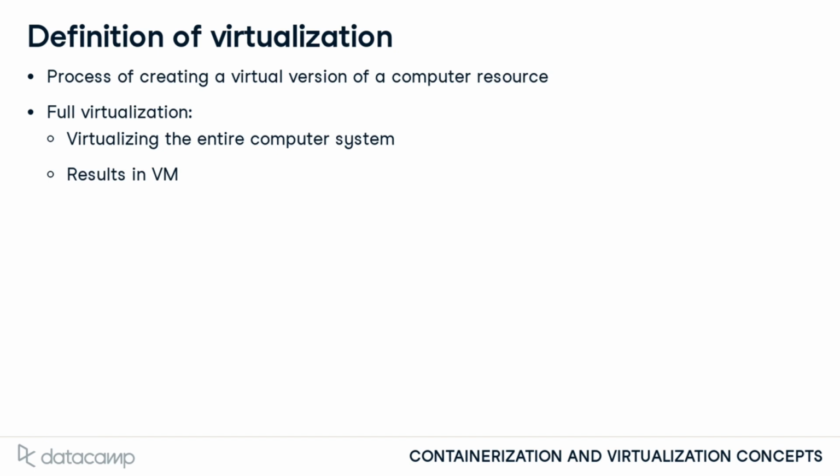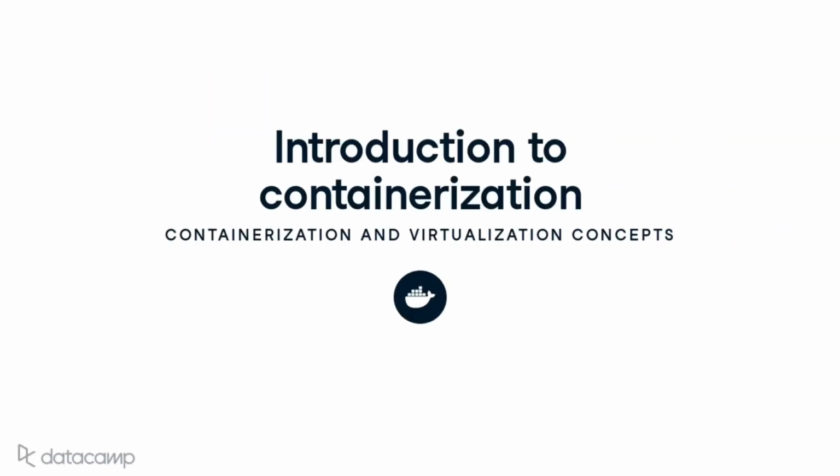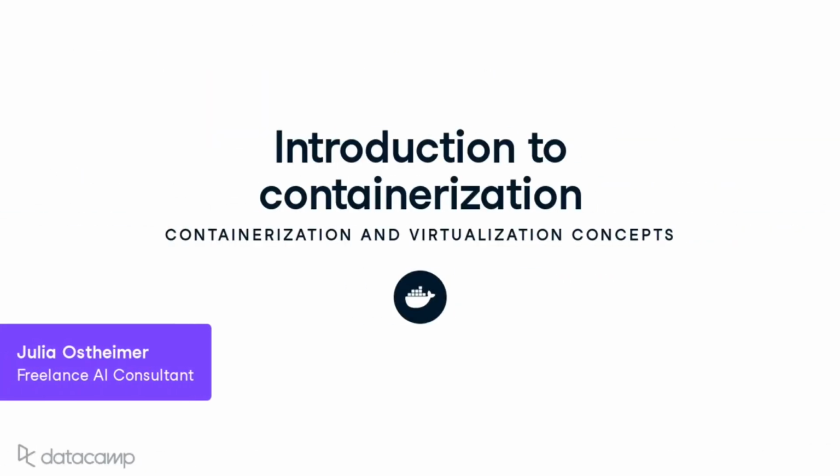Other levels of virtualization include virtualizing a specific computer component, such as the operating system or storage, which does not result in a virtual machine. Next, we will explore another level of virtualization. Stay tuned.